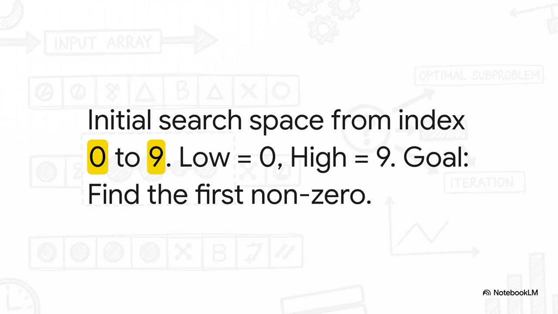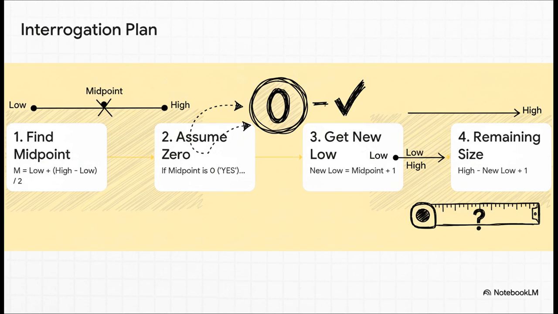Our goal? To find the very first no. So here's our interrogation plan. First, we find the exact middle of our search area. We're not starting at the beginning. Then we'll check that midpoint. For now, let's assume we find a yes, a 0. That tells us a lot, and we can immediately update our search area by moving our low marker. Finally, we'll do a quick calculation to see just how much of the problem we've already eliminated.